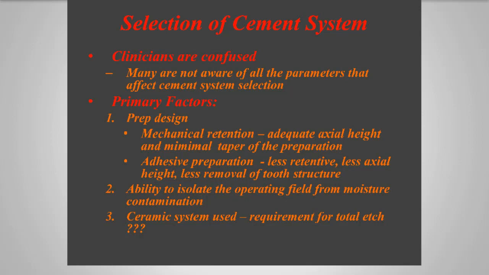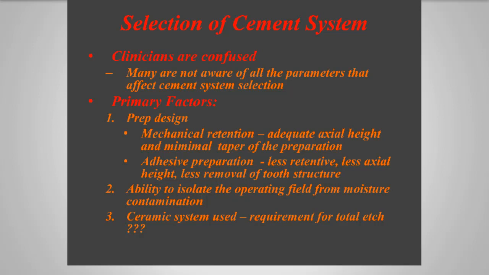So where's the margin position of your restoration? If it's supragingival and isolation is perfect and you've got a short prep, you go with the most bond strength, and that's acid etch and resin cement. If you've got a margin that's down in the sulcus in a posterior location, a molar, hard to isolate, you want to go with the easiest, most moisture tolerant type of material.